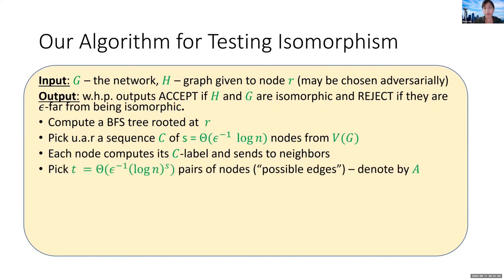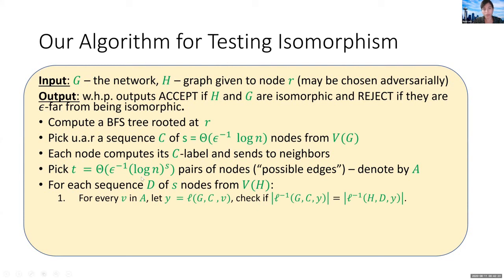Then we pick a set of log n to the power of S over epsilon pairs of nodes. These are a set of potential edges, which we denote by A. Then we go over all possible sequences in the graph H of S nodes.